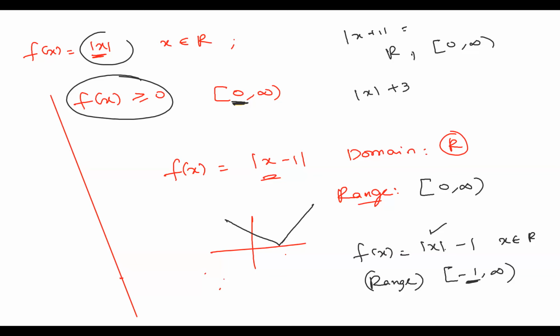Mod x plus 3: domain is R, range is 3 to infinity. So in mod x you should substitute 0. The least value of mod is always 0. 3 to infinity, 3 is included, infinity is not.